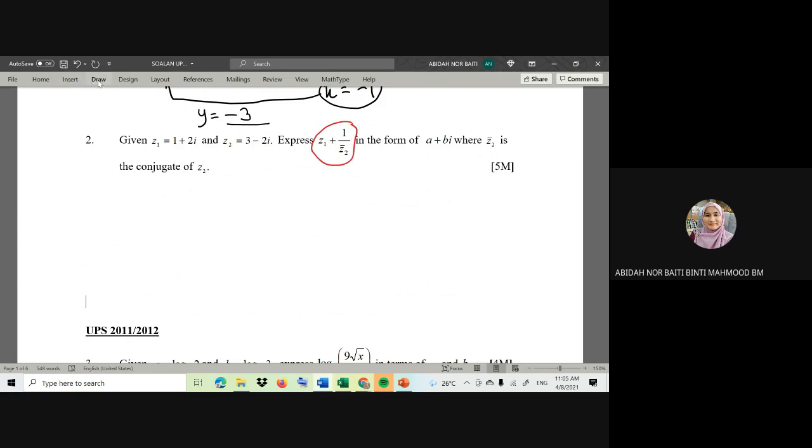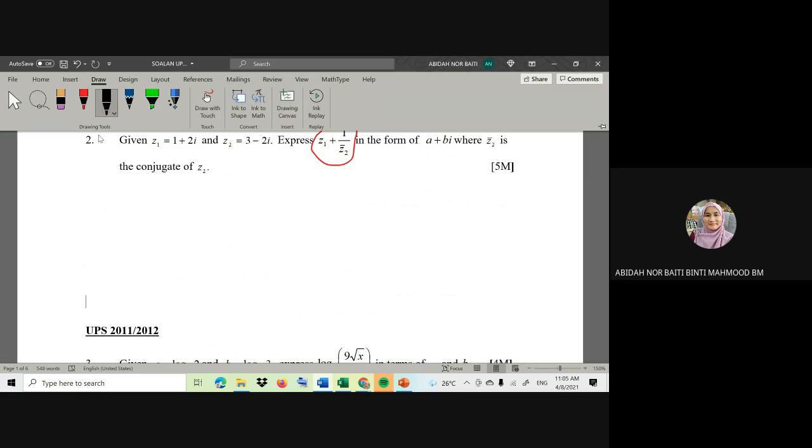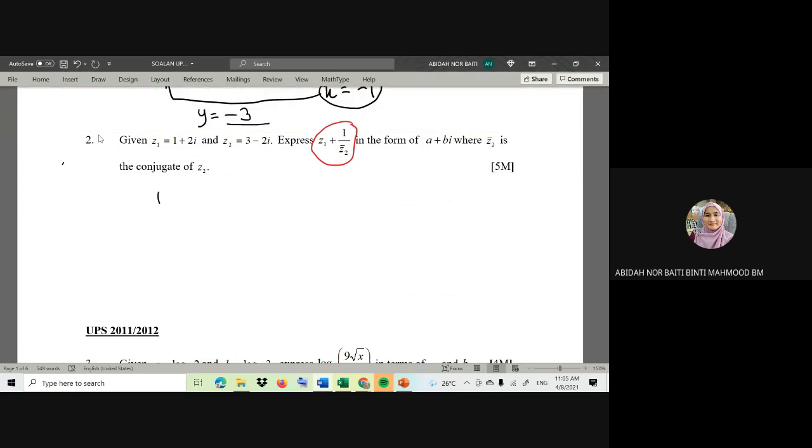Follow the equation given. So your Z1 is 1 plus 2i. Your conjugate of Z2 is, we change the sign of the imaginary part here. So we get 3 plus 2i.